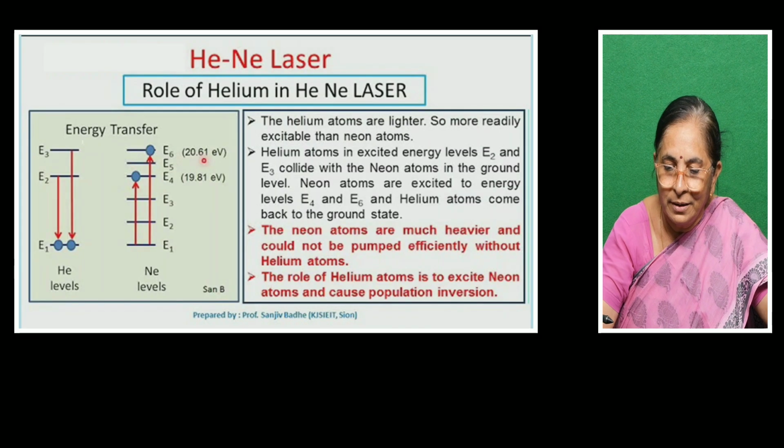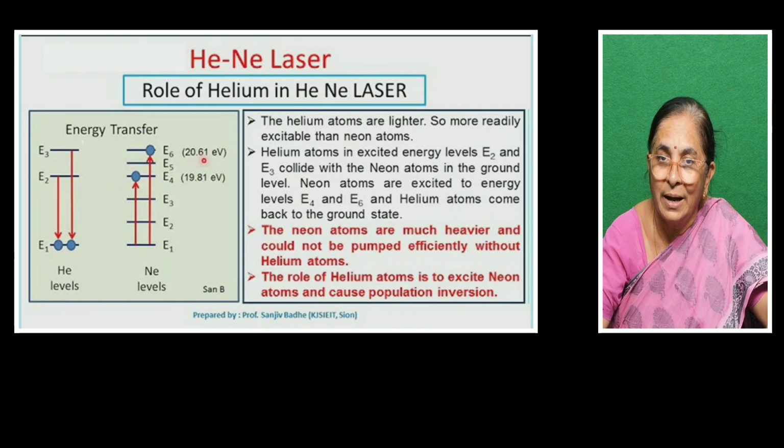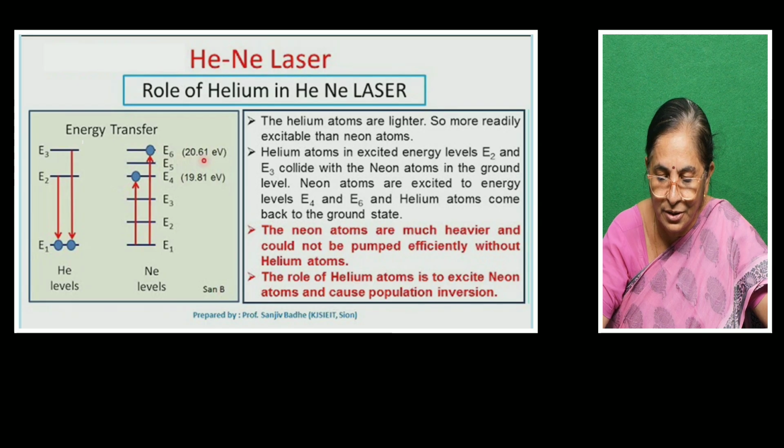Okay, because helium atoms are very light, they get excited first, and then the helium atoms in the excited energy levels E2 and E3 collide with the neon atoms in the ground level. Neon atoms are excited to energy levels E5, E4 and E6, and helium atoms come back to the ground state.